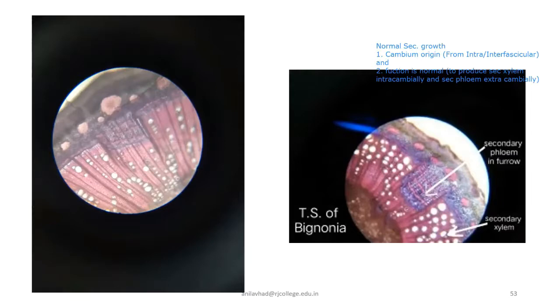Okay, so this is anomalous secondary growth, abnormal secondary growth in Bignonia, where the origin of the cambium is normal, but the behavior is abnormal. And Bignonia anomalous secondary growth is adaptive in nature.